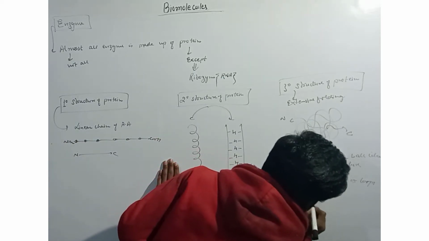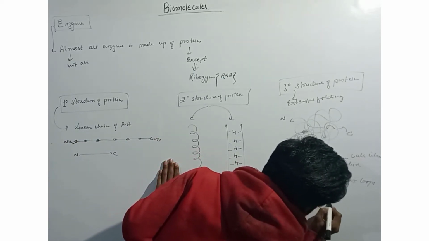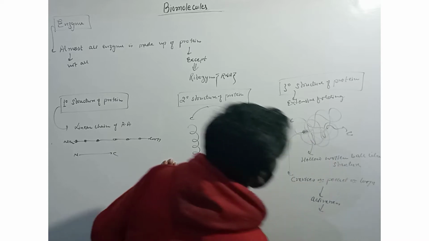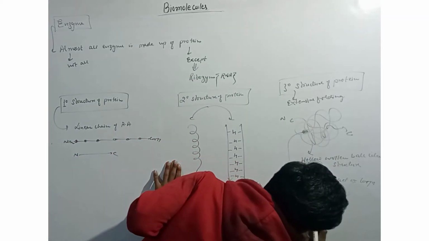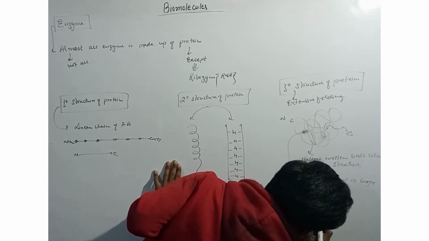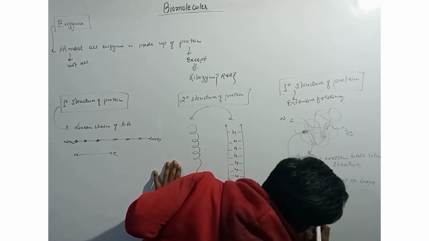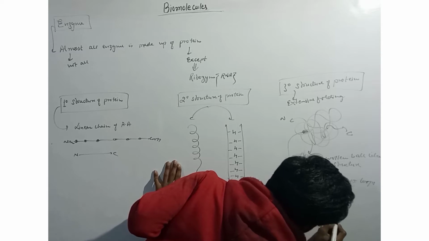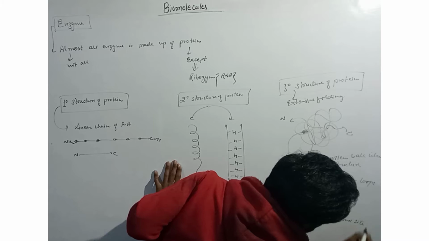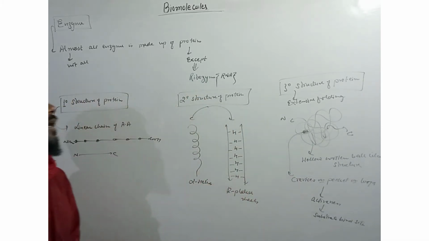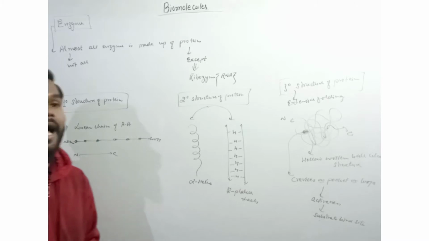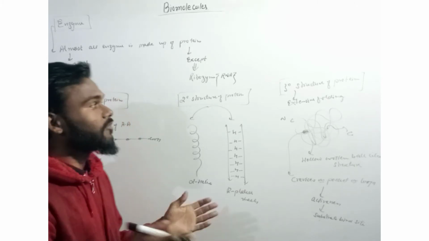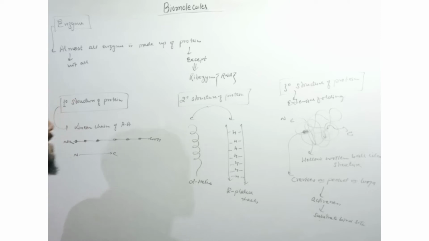These are the substrate binding sites. That's why the tertiary structure of protein is called the most biologically active form of protein. Now let's proceed further.